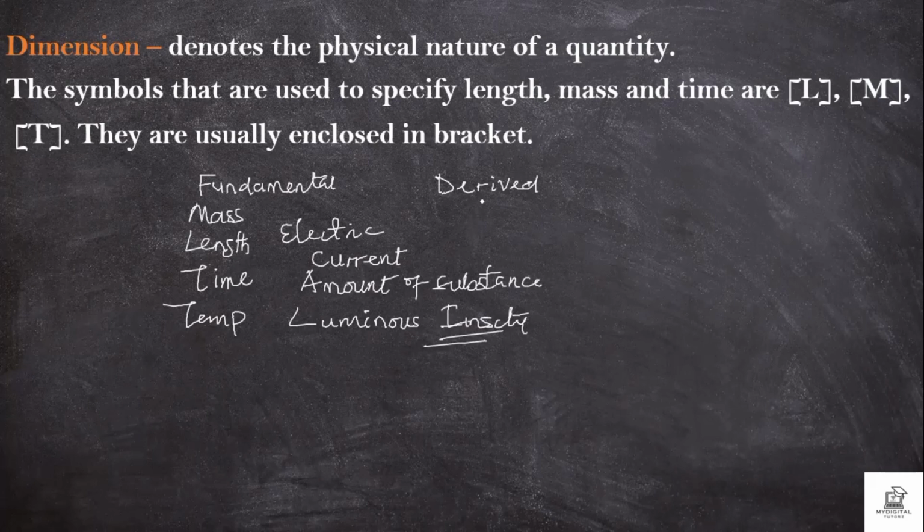And we said derived physical quantities are gotten from the combination of 2 or more fundamental quantities, or combination of fundamental quantities and another derived physical quantities.